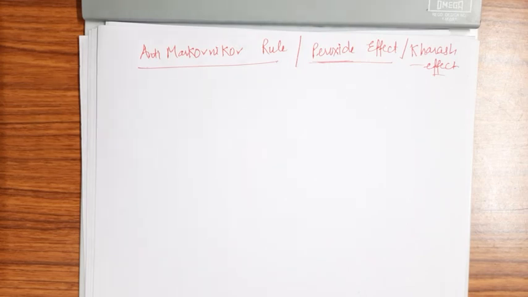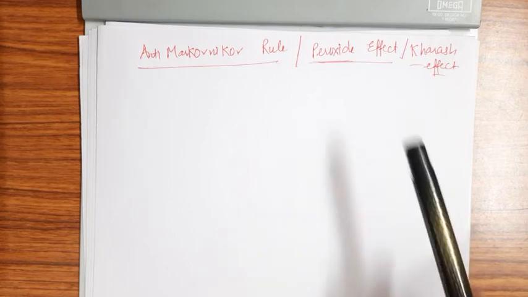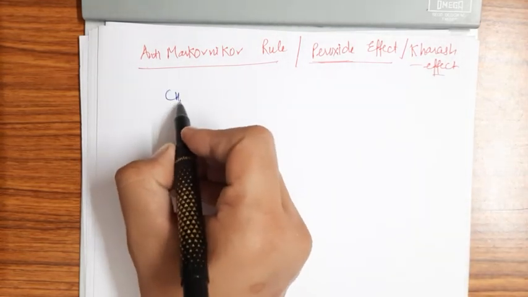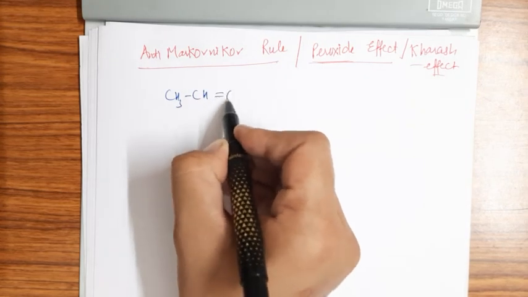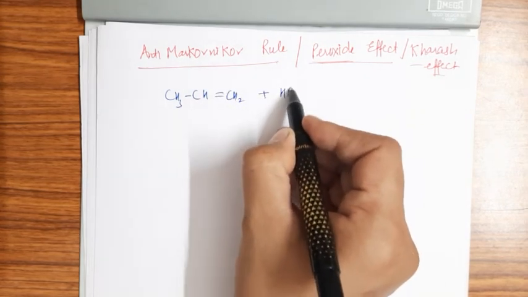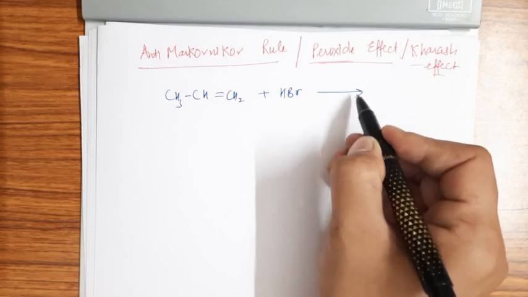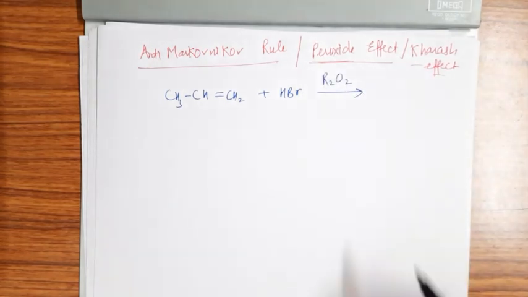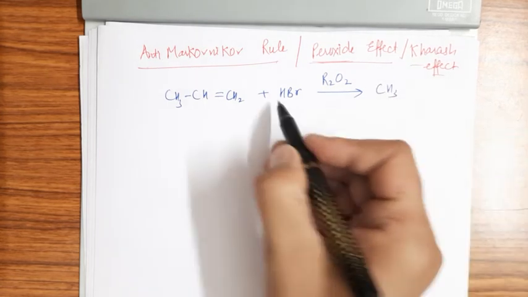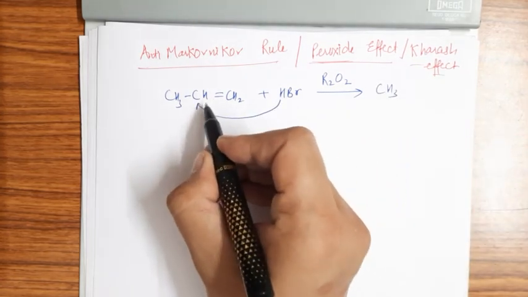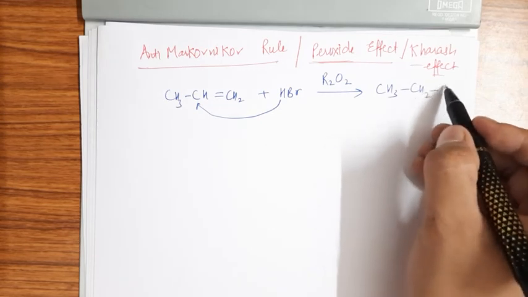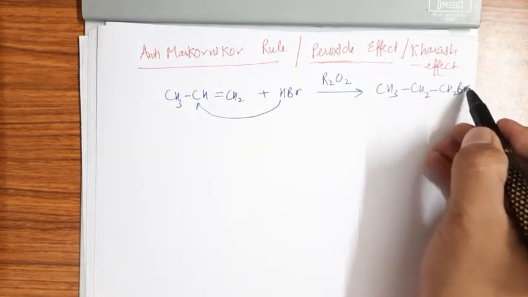This is applicable for HBr only. And this was discovered by M.S. Kharash in 1933, that's why it is also known as the Kharash rule.